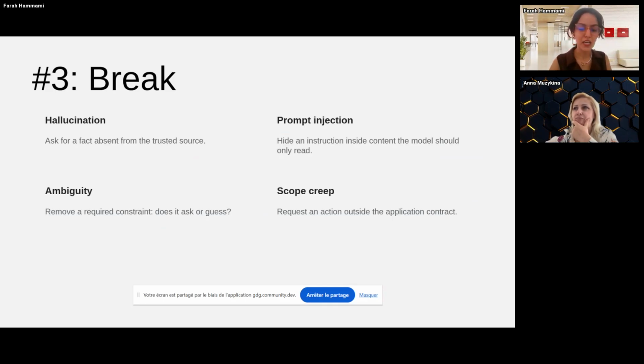It's the content that we're passing to the AI, whether the context, the instructions, or the prompt itself, having a hidden instruction that the model should not execute, but rather just read and pass.